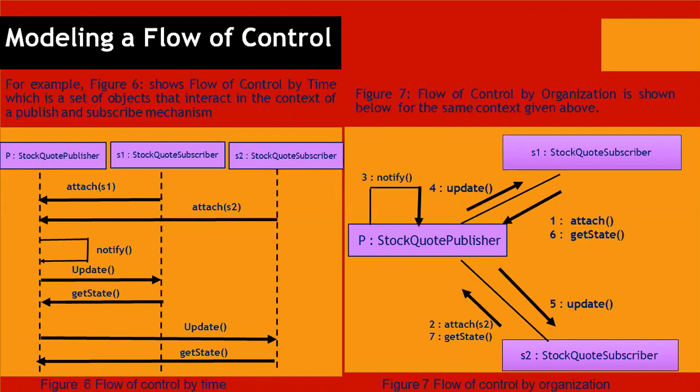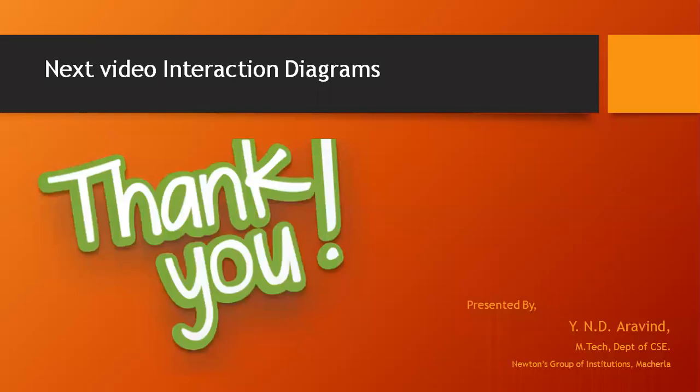In this picture, the flow of control by organization is shown for the same context. Here we have stock quote subscriber, stock quote publisher, and stock quote subscriber 2. The interactions are happening, one in a sequence diagram and the other in a collaboration diagram, which we are going to discuss in our next video.